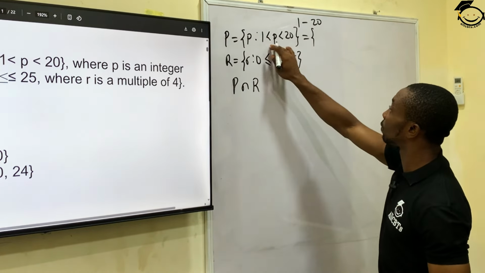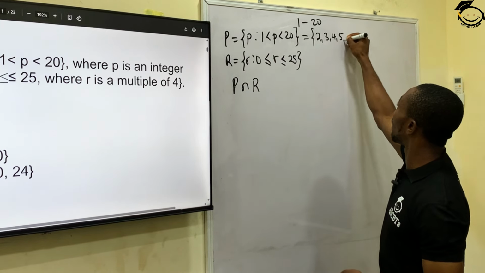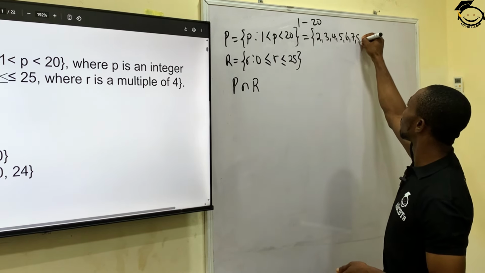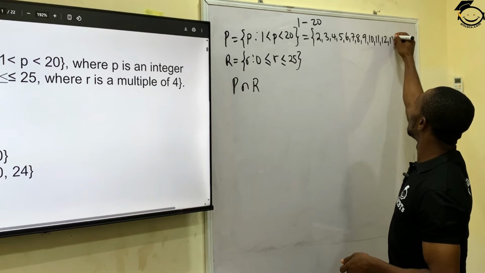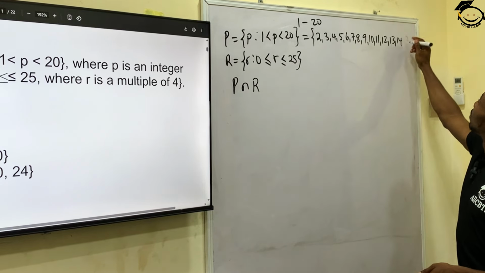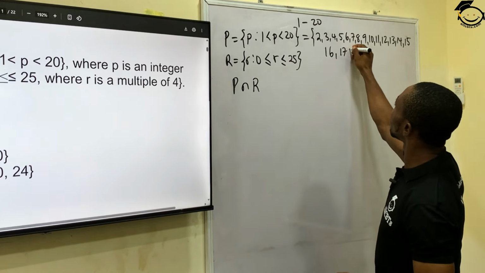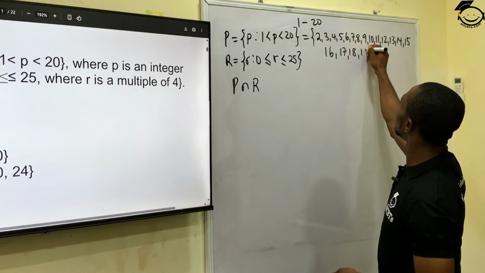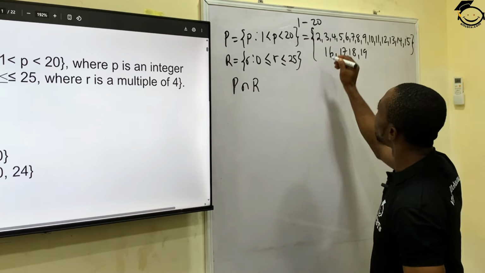So elements of P will be 2, 3, 4, 5, 6, 7, 8, 9, 10, 11, 12, 13, 14, 15, 16, 17, 18, and 19. These are the elements of P.